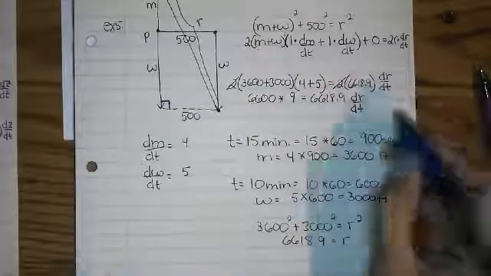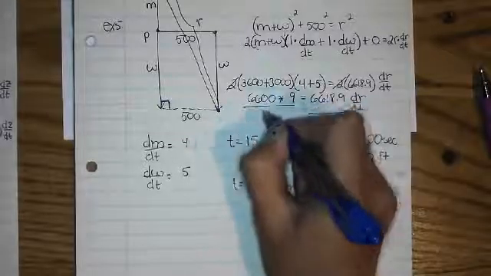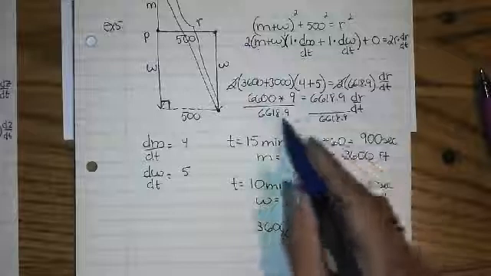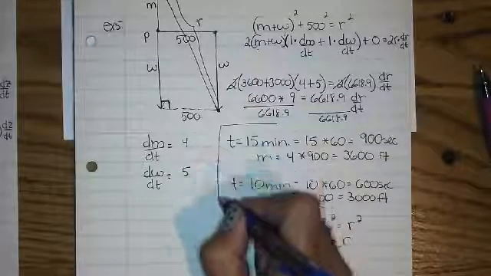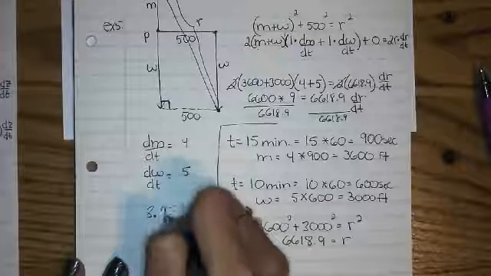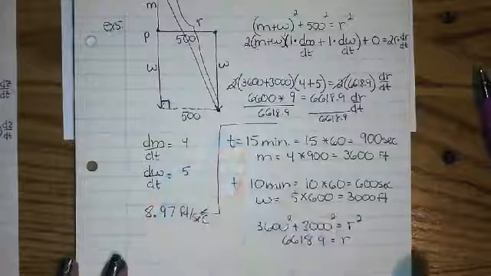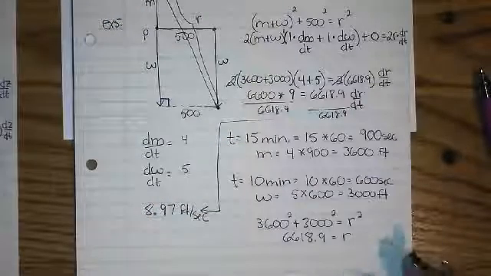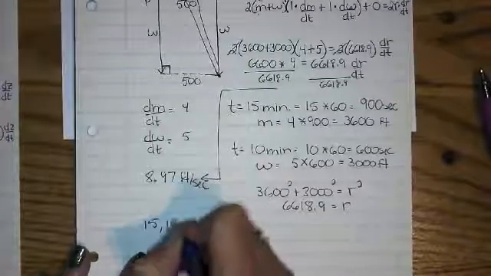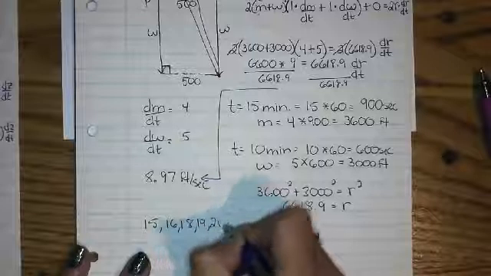So I will have 6,600 times 9 equals 6618.9 dr/dt. So I've got to divide. Okay, dividing, and I get an answer of 8.97. And that will be feet per second.